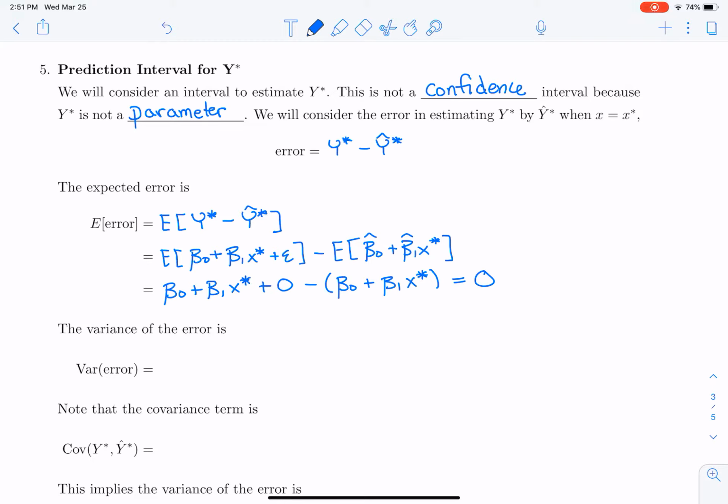Now what about the variance of the error? The variance is going to be the variance of y star minus y star hat.